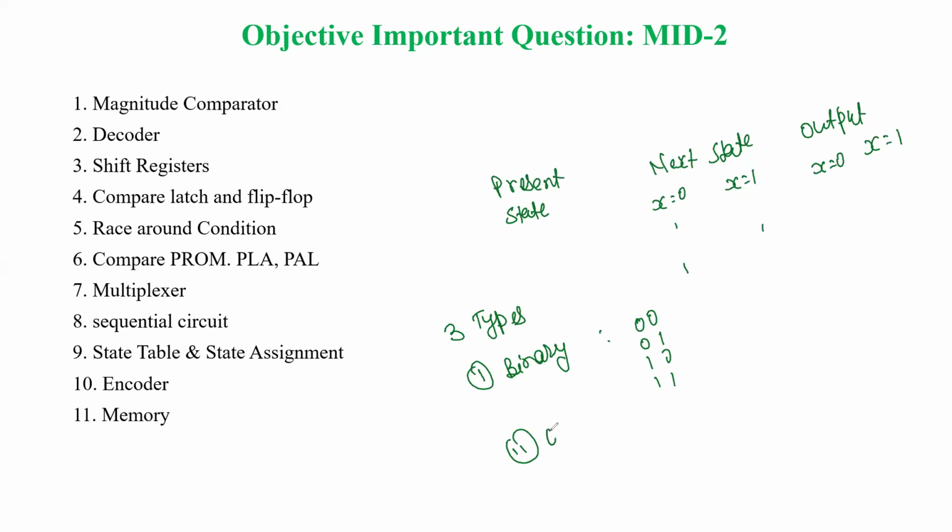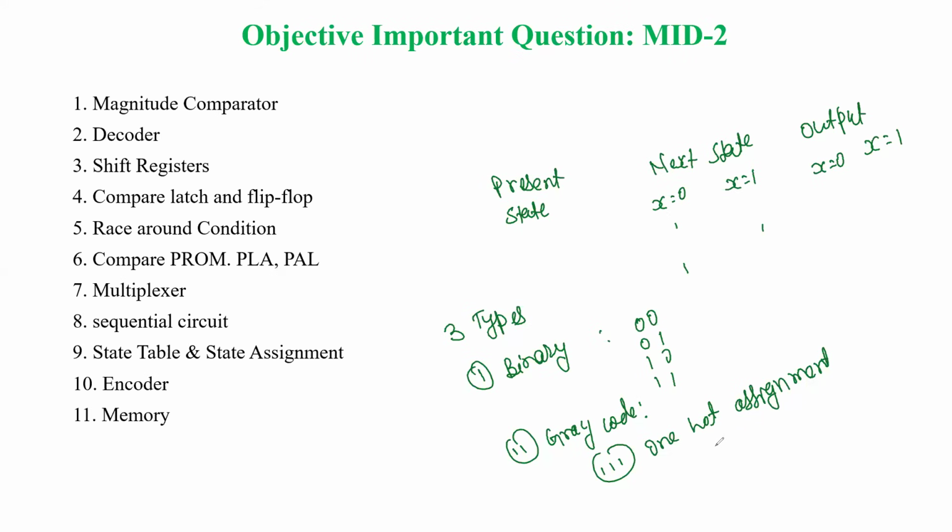And second one is the Gray code. In case of Gray code, the important thing is that at a time only one bit should change in consecutive states. That is the beauty of the Gray code assignment. Whereas third one is called the one hot assignment. In one hot assignment, at a time only one bit will be 1.